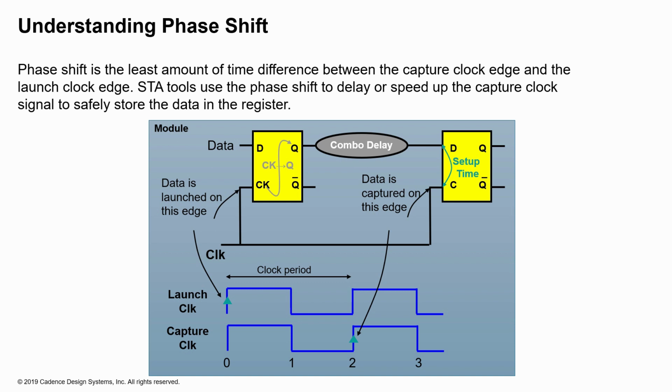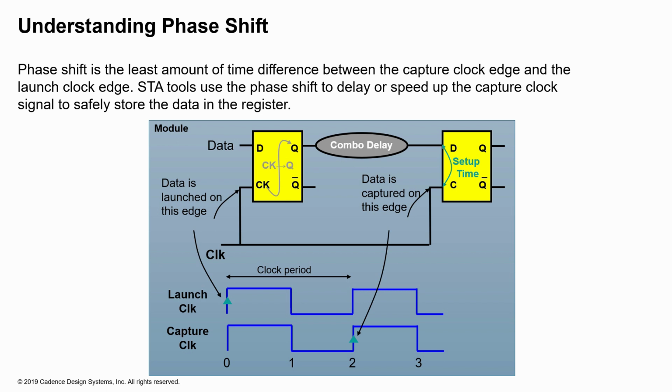Now, in the case of reporting, some tools just report what edge is launching and what edge is capturing and report that there is no phase shift. But some tools use phase shift and then on top of that report a clock period if necessary for the capture clock and the launch clocks.